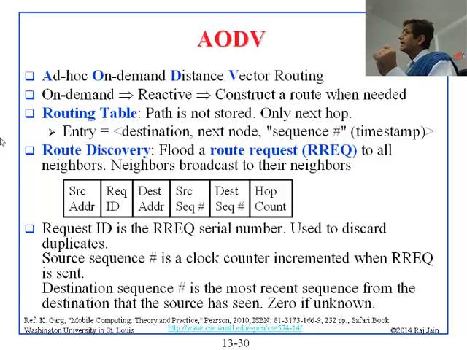So what you do is, for each destination, you keep the sequence number. It is something that is always increasing, so it is like a time, but not clock time.